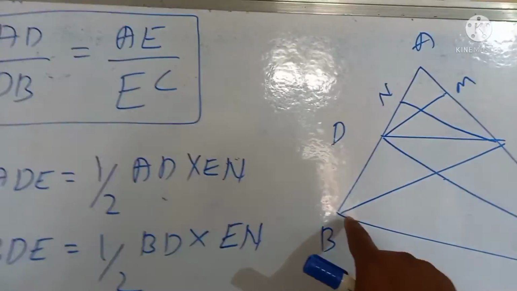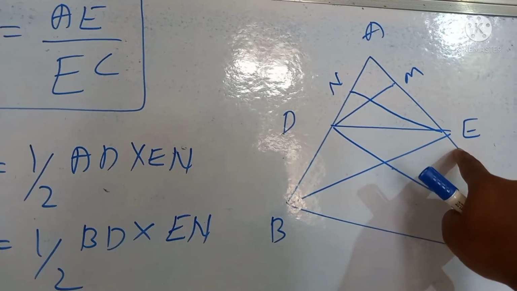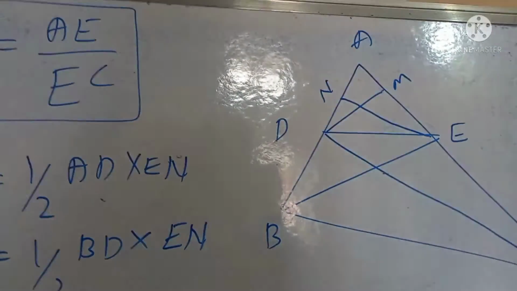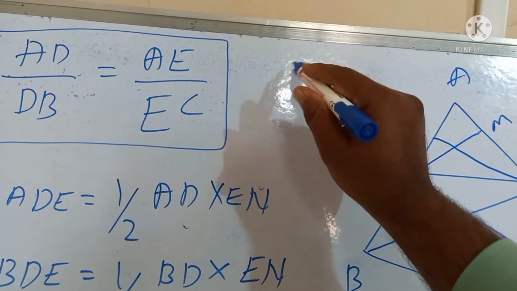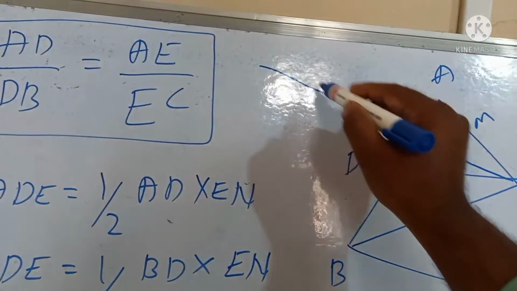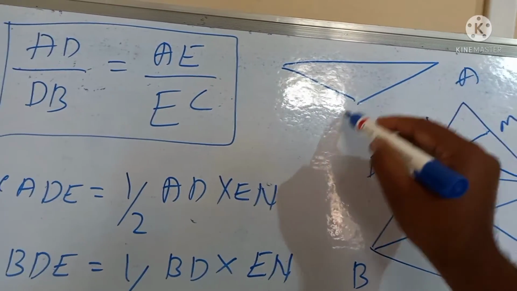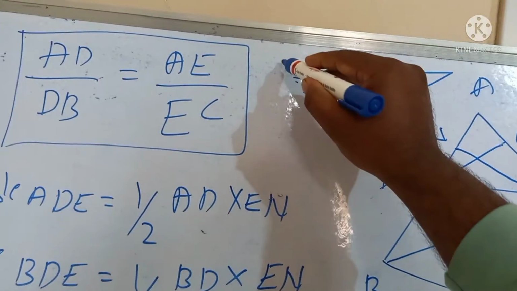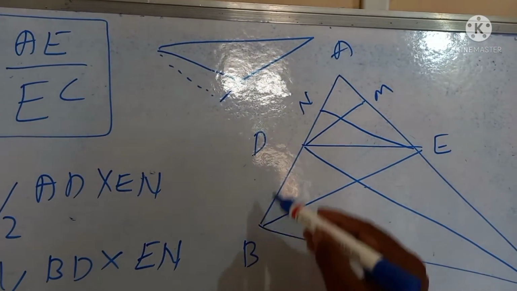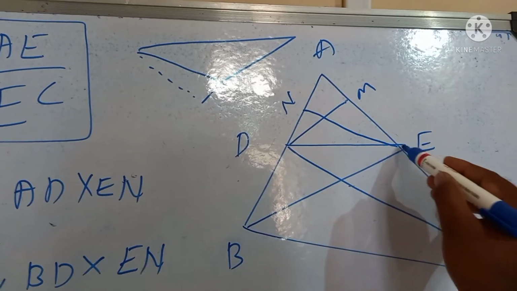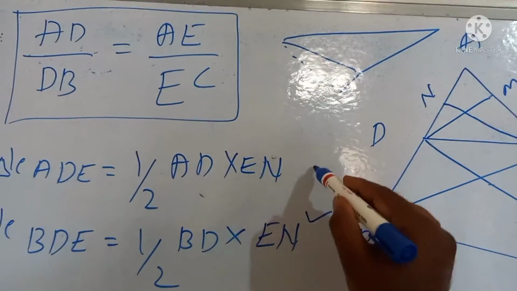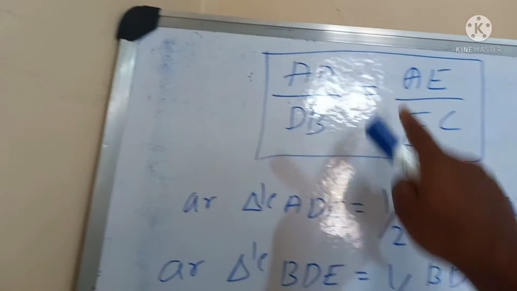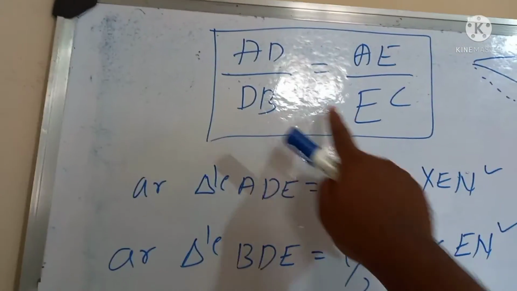Here BD is the base, but I choose EN as the height because in an obtuse triangle, the height is found like this. This becomes the height of the obtuse triangle BDE, so EN becomes the height here. That's why I wrote EN is the height here. Clear? So here we got AD, here we got DB.